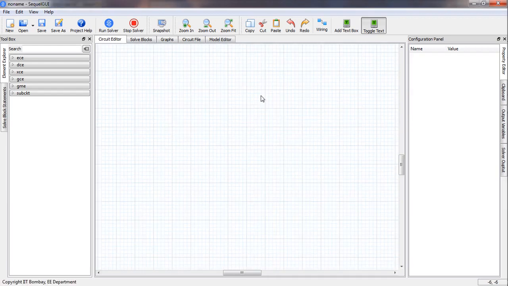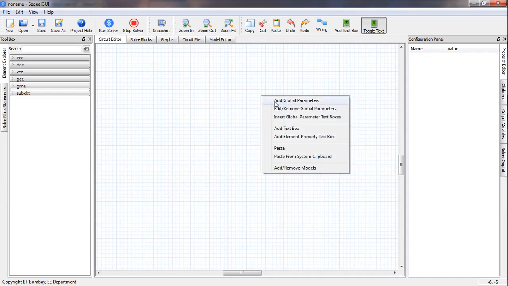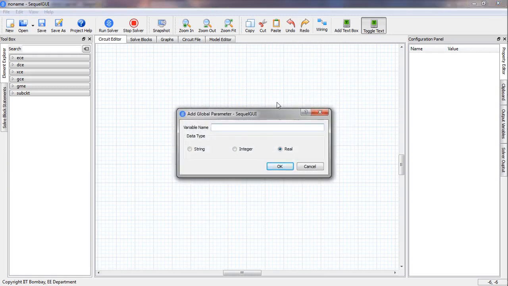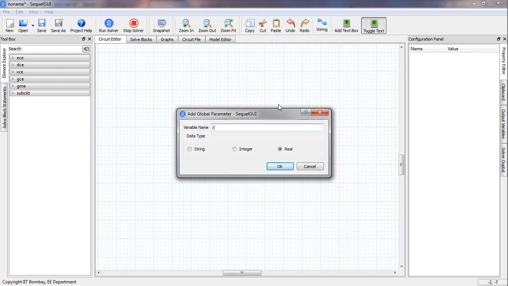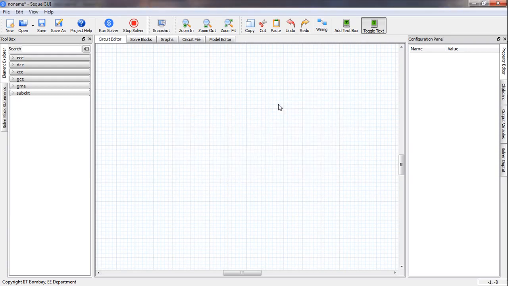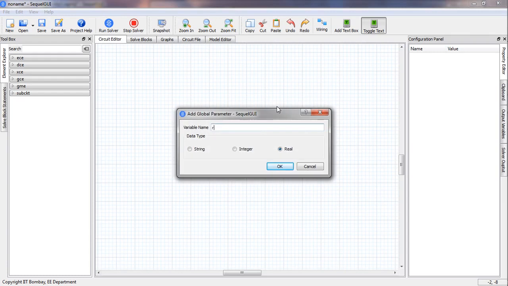Let us start with defining a few global parameters, and that is done by right clicking on the canvas anywhere and choosing this add global parameters option. And now we are asked for the name of the global parameter, which is V on. Let's add some others, R on and R off.